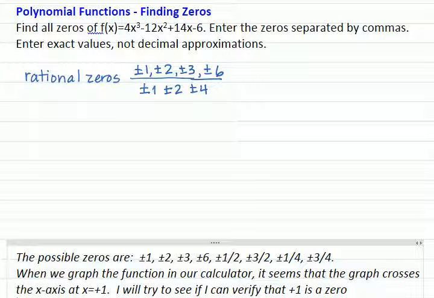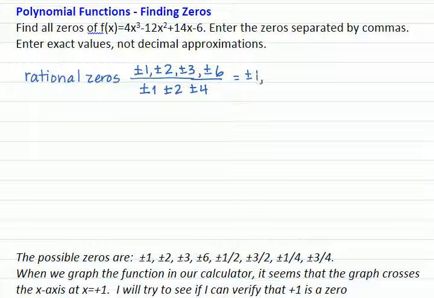So the possible rational zeros are plus or minus 1, plus or minus 2, plus or minus 3, plus or minus 6, plus or minus 1/2, plus or minus 3/2, plus or minus 1/4, and plus or minus 3/4.